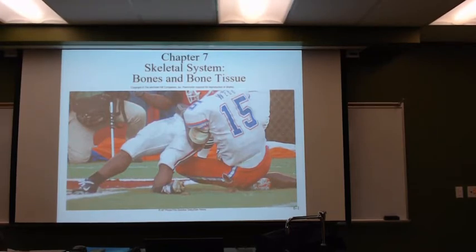His ankle is. Okay, yeah. I would say it's being bent in a way that it shouldn't. Anybody else agree with me on that one? Yeah. So, bone has been broken.